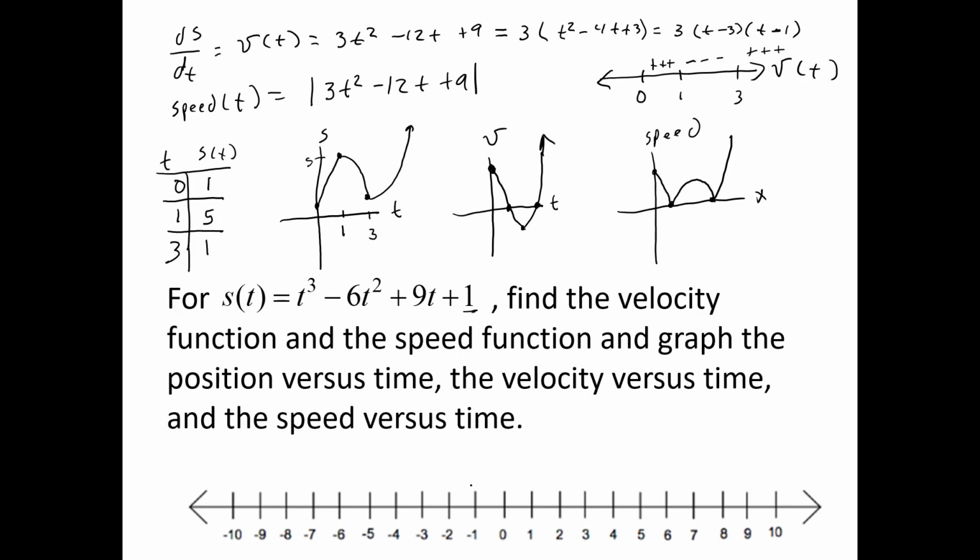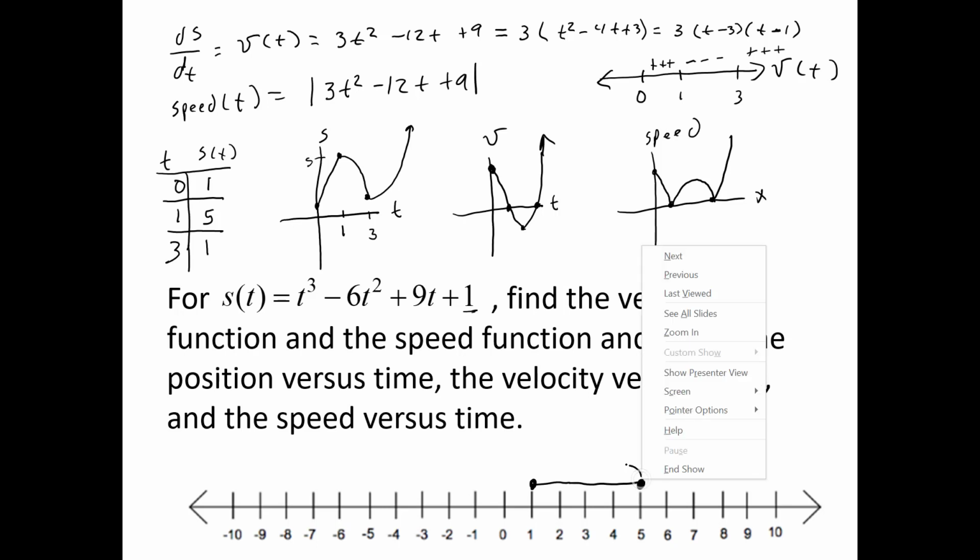Okay, so if we want to graph the actual path, we see that my ant started here at an x value of 1. It walked to the right and ended up at an x value of 5 at a t value of 1.